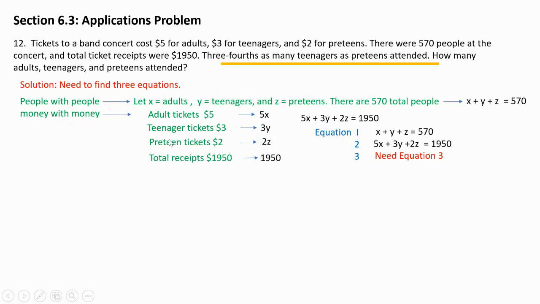This is a little bit challenging, going from words to an equation, right? But I'm going to show you what's easier for me. Teenagers is y, and preteens is z. This is what it means here, guys: 3/4 as many teenagers as preteens attended. So this is the equation. But at times, it's kind of harder to explain how it sounds here.